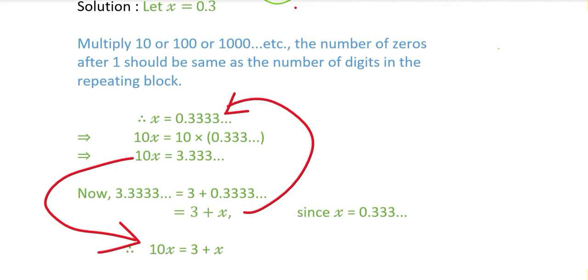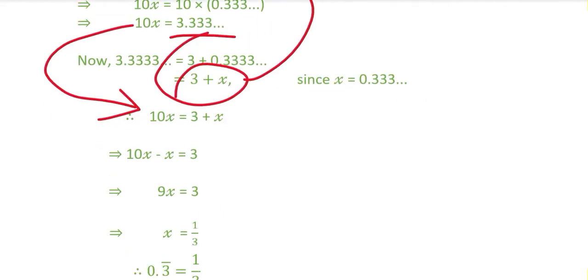Why? Because this number 3.3333 is written as 3 plus x. So we just bring this x from the right hand side to the left. When we bring it to the left, this plus becomes minus. So 10x minus x becomes 9x. On the right side we are only left with 3.